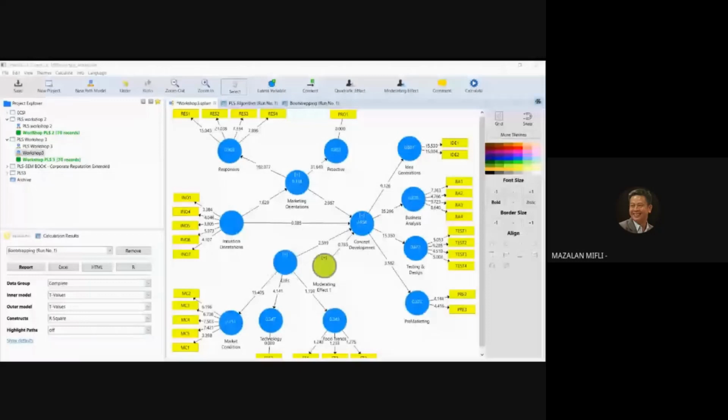My advice to you, if you have structural models like this, is to use SEM, either AMOS or PLS. Run them simultaneously.